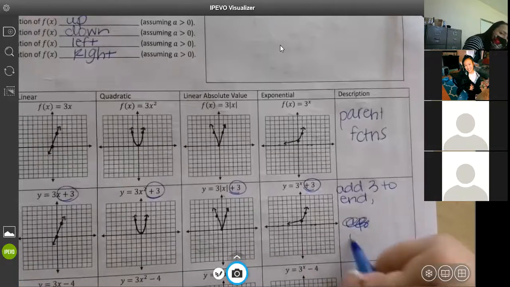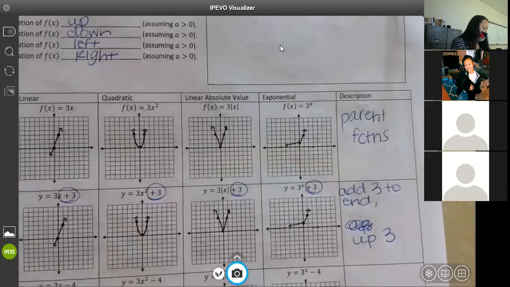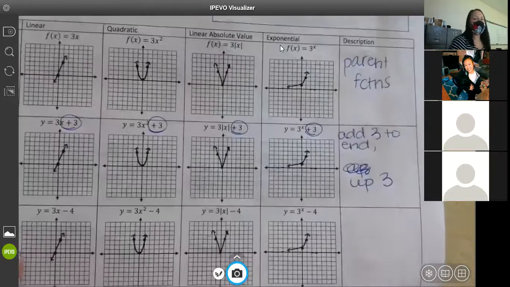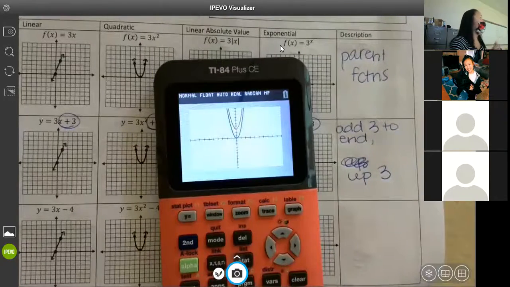Sorry, it moves the function up 3. Okay, that's literally it. There's no work to do. What it wanted you to do is graph every single function. I'm not making y'all do that, okay? I'm not doing that.